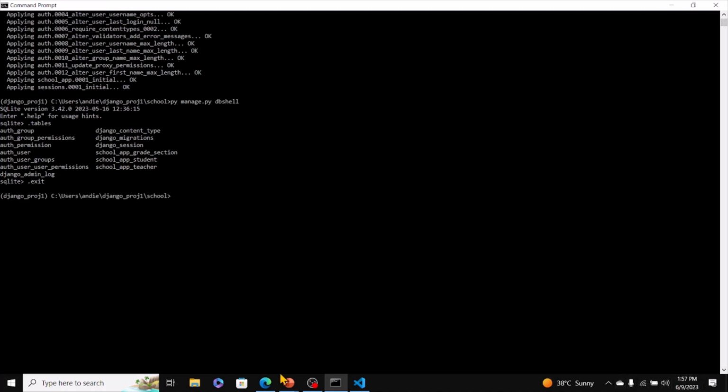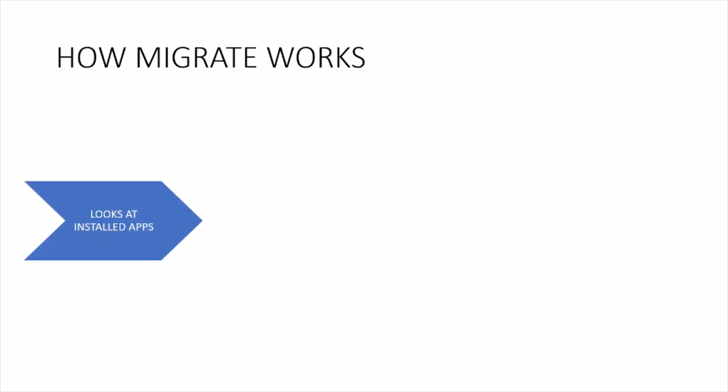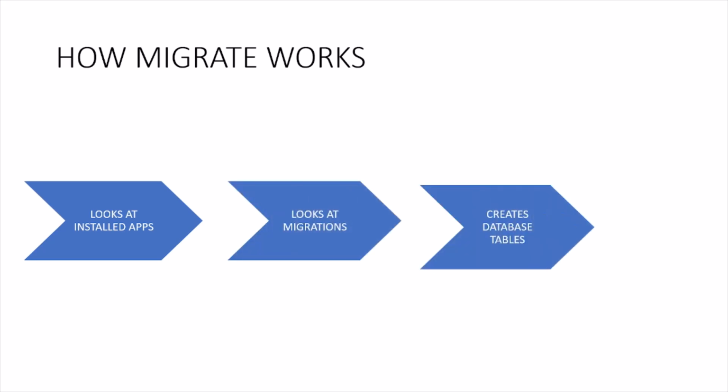Moving on. How does migrate work? So what happens is migrate looks at the installed apps, will look at the migrations, and then will create or modify the tables, right?